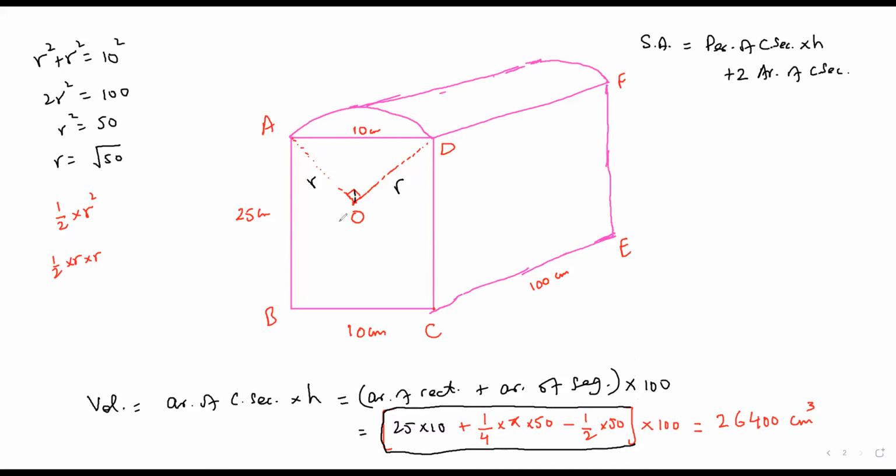Okay? Now I need to know what is the perimeter of the cross section. This is 25, this is 10, this is 25. I need to know this arc length as well. Okay. 90 over 360 into 2 under root 50.